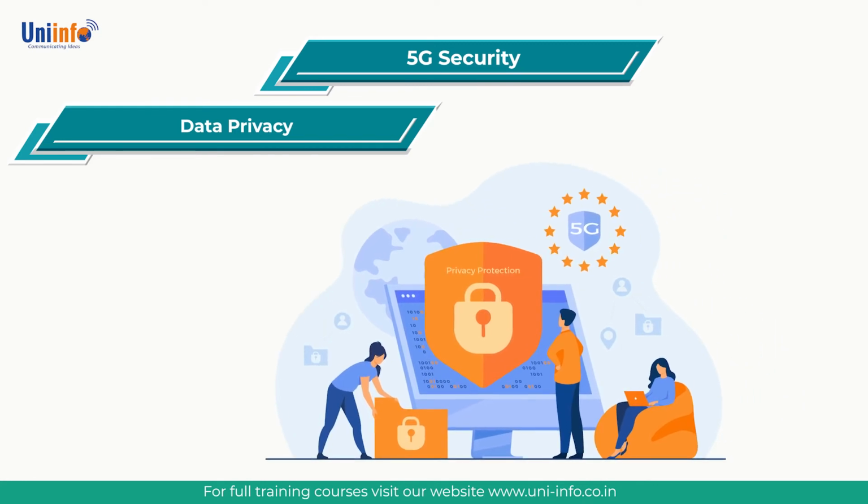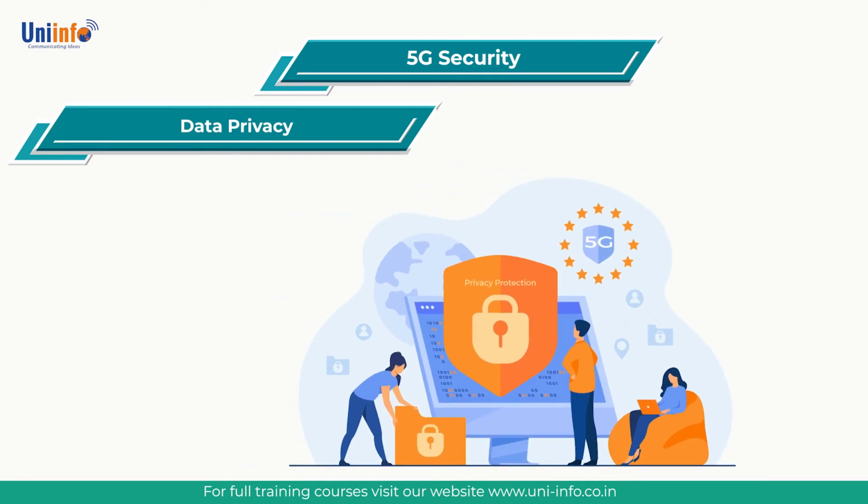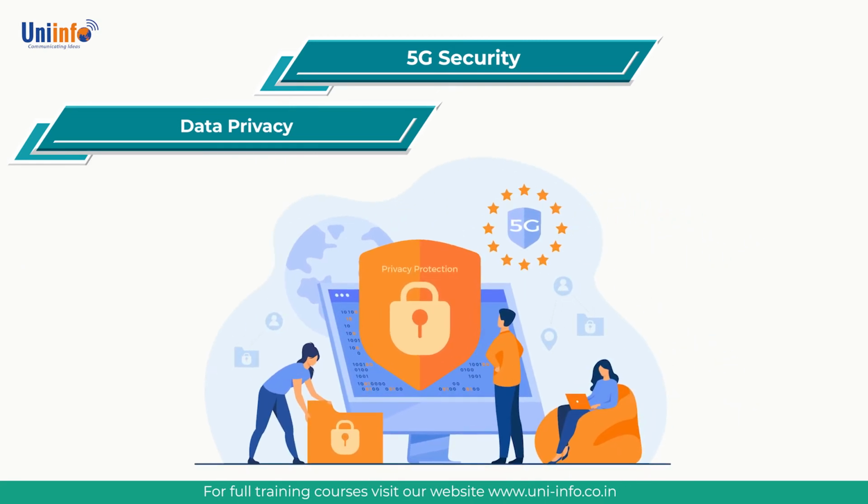In 5G networks, for many cases, the privacy protection requirements also depend on the usage of the particular access technology, because heterogeneity will be available at much higher rates. Along with multiple access technologies, it will be used to obtain the required services. User data will traverse various access networks in 5G, and different vendors will provide the functional entities for the network.